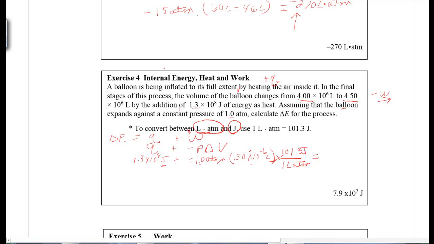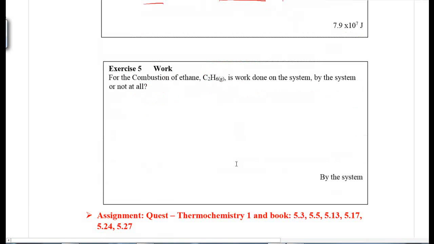So I'm going to take 1 times 0.5 times 10 to the minus 6, multiply that by 101.3 to get that in joules. Now I can add this in joules to this in joules, and I end up with 7.9 times 10 to the 7th joules. That's because, for sig figs, I got 2 here and 3 here, so I should have 2.